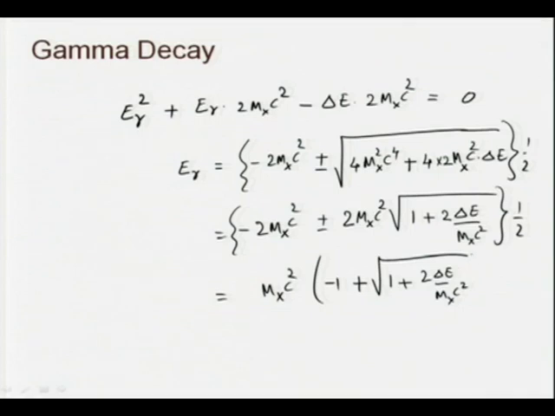Expanding this under root, I will get mx c square times minus 1 plus 1 plus twice delta E over mx c square, 1 over 2 of that, minus, sorry, this should be plus here, and then there is a minus 1 over 2 square delta E over mx twice.